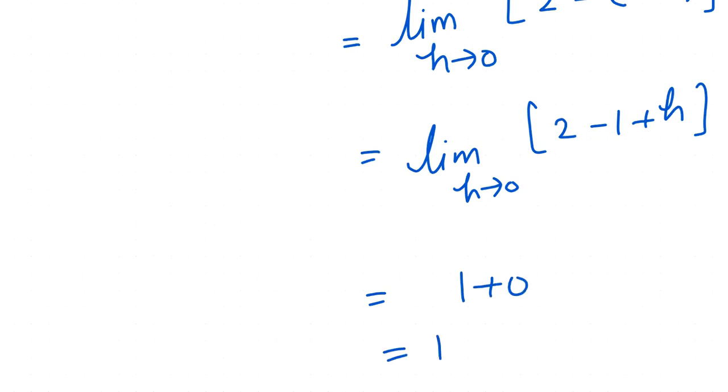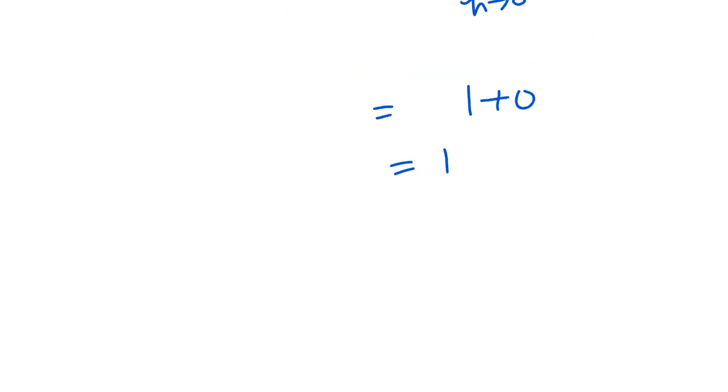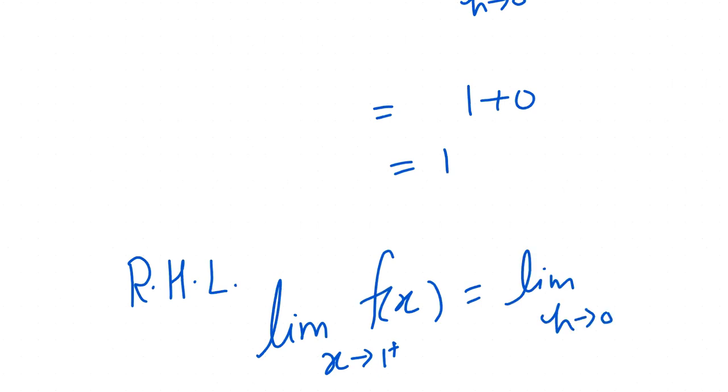Now let us find RHL. Limit x tends to 1 positive f(x) is equal to limit h tends to 0 f(a plus h), sorry.